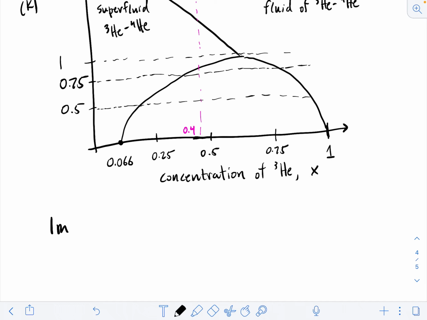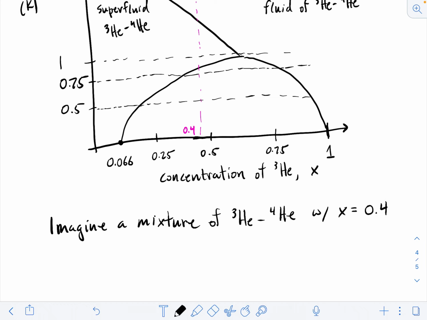Okay, so we'll come back to this figure several times. So imagine a mixture of helium-3 and helium-4 with a concentration of 40% helium-3, and it's cooled from 2 Kelvin to some very low temperature, close to 0 Kelvin.